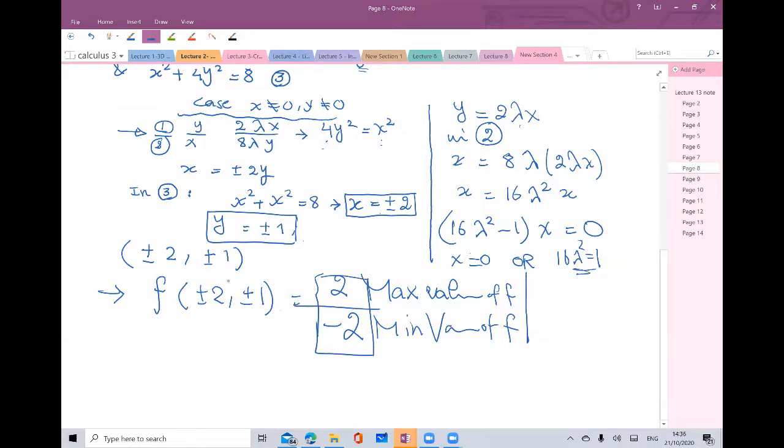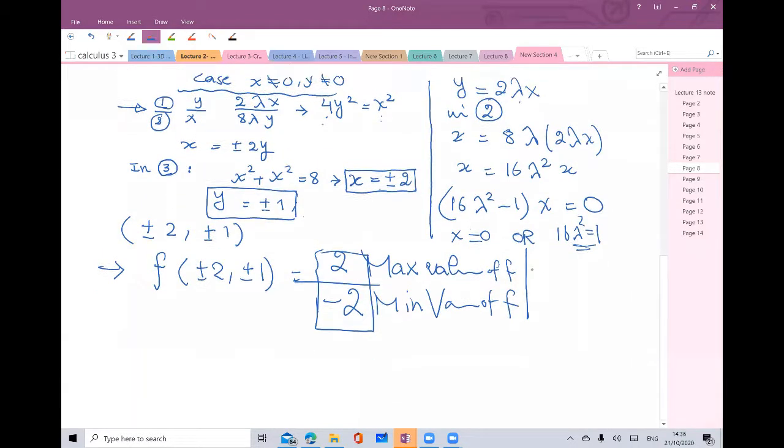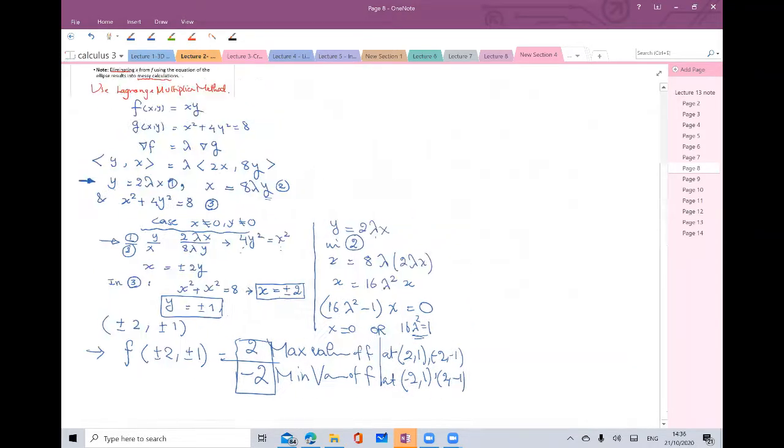If I care about the points specifically، يبقى لازم أقول the points: the maximum occurs عند same sign، يعني 2 و 1 و negative 2 و negative 1, if I want the point. But if they didn't ask، خلاص I don't care. والـ minimum هنا negative 2 و 1 و 2 و negative 1. Got the idea? Look at تاني كده.